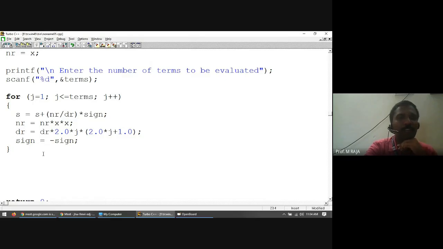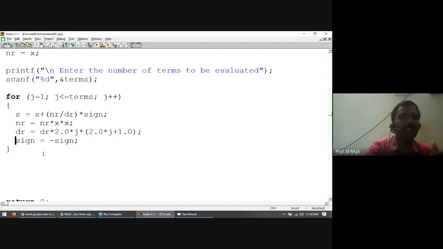Denominator is updated as current denominator 1 into 2 into j. j is 1, so 1 into 2 into j, then 2 into j plus 1, or 2 plus 1, 3. So it seems 1 into 2 into 3, 3 factorial is computed in the variable denominator. Sign is negated, sign is equal to minus sign.